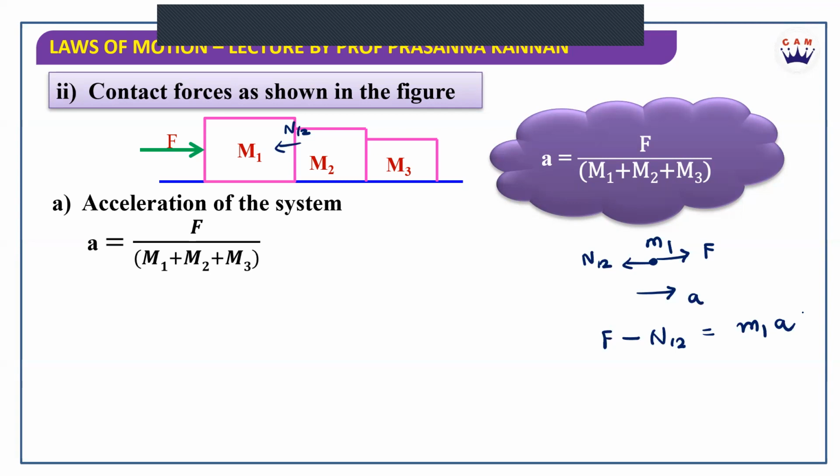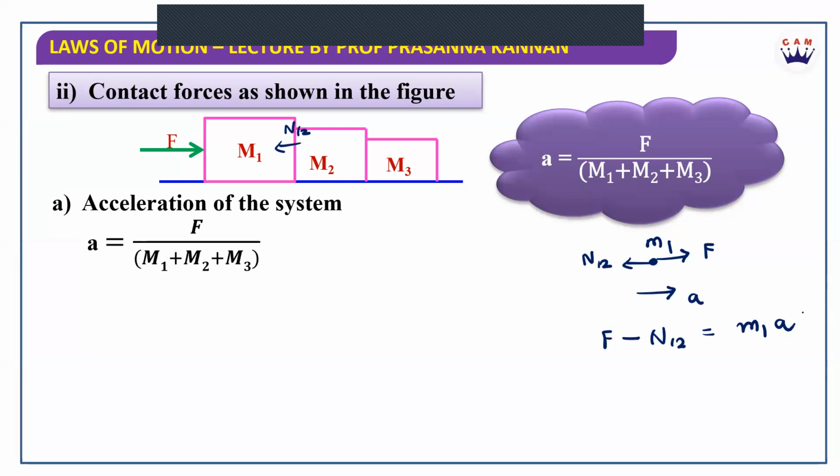The normal reaction here, N12. But effectively the body is moving to the right with an acceleration A. So F minus N12 is equal to M1A. The way you used to write for the light bulb hanging, Mg minus tension is equal to MA, correct? Same thing you're doing in the x-axis now. Force minus N12 is equal to M1A.